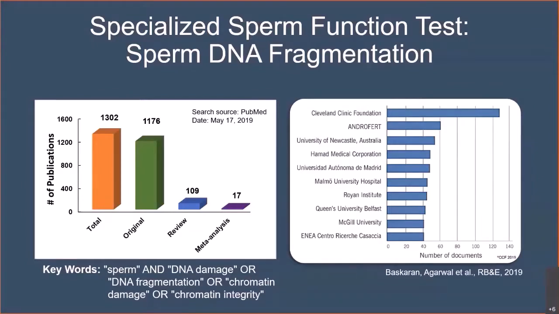And on the right side, again, we have at the Cleveland Clinic a great deal of expertise in this area, not only from a research point of view, but also from a clinical point of view. We have developed techniques, we have standardized those techniques for sperm DNA fragmentation testing, and we felt that we can share these things with a great deal of expertise and confidence.